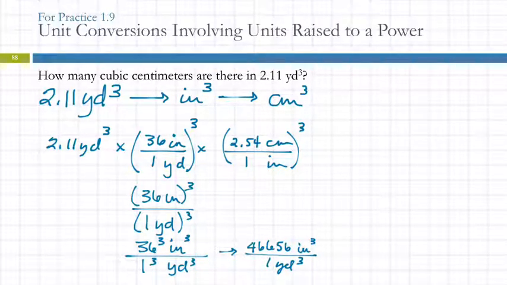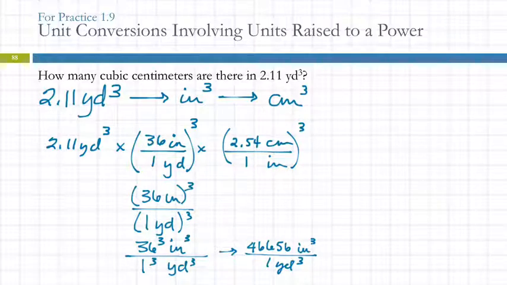So on your calculator, you should have a way to cube things. So you have to figure out how your calculator works for that. So I'm going to do 2.11. Does this exponent on the yards affect the number? No. This exponent is only on the unit. Does this exponent affect the number?